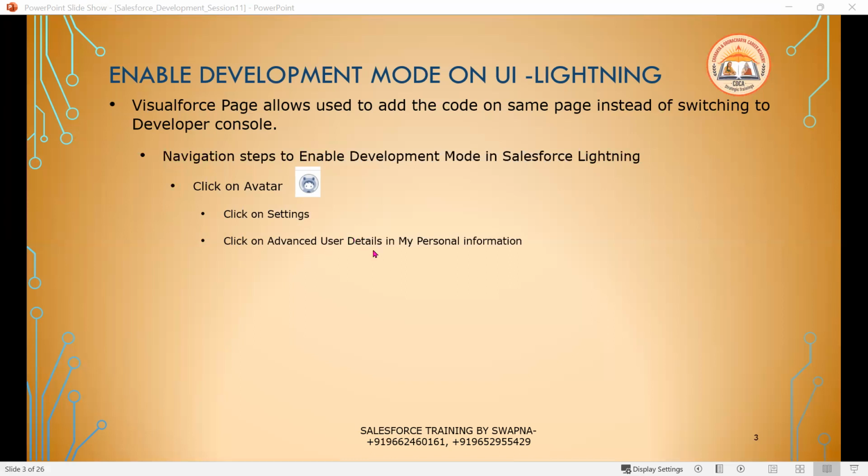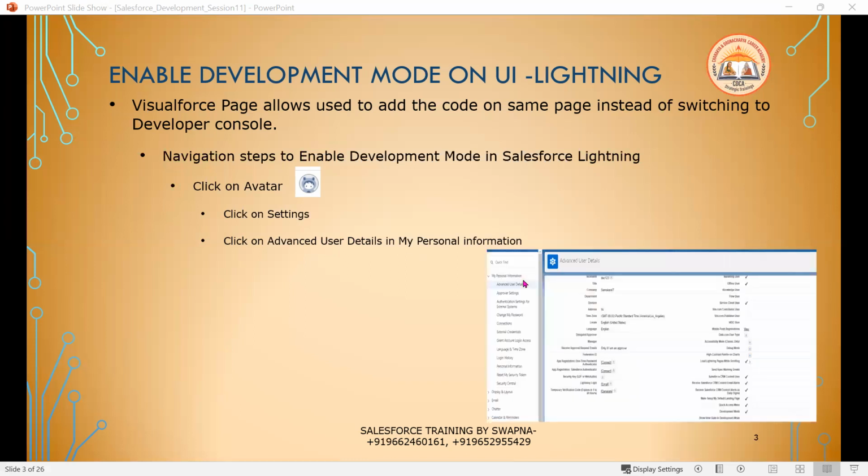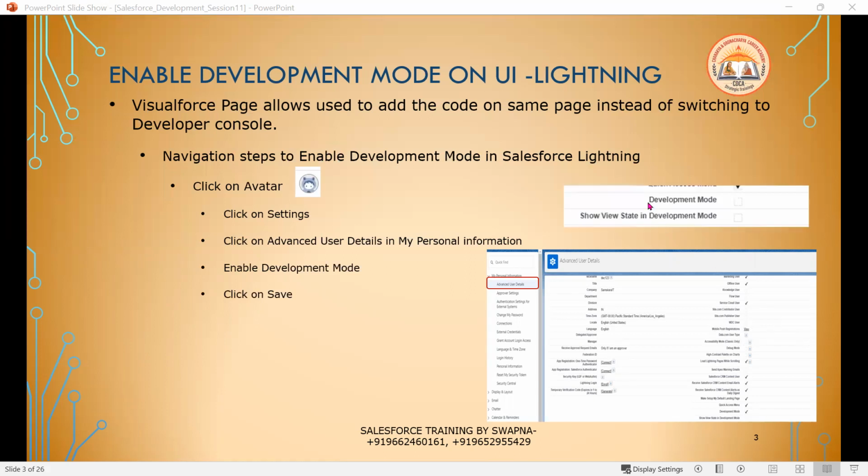Click on Advanced User Details in My Personal Information. So this is the screen. Here we have Advanced User Details, and one of the options is called development mode. Enable this and click on save.